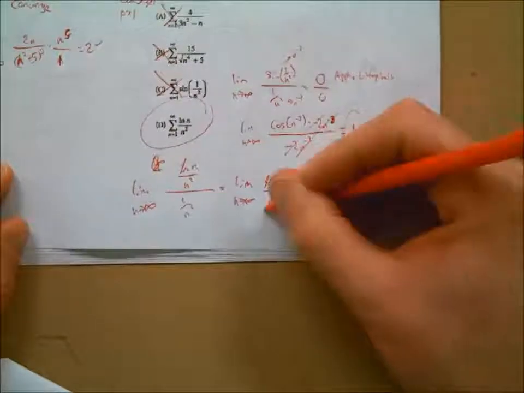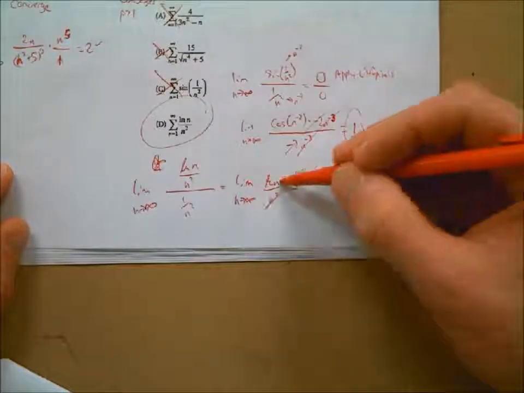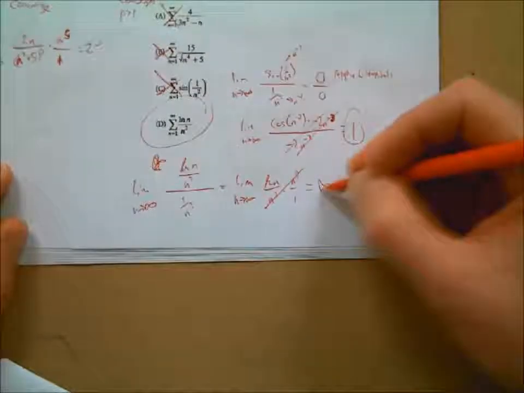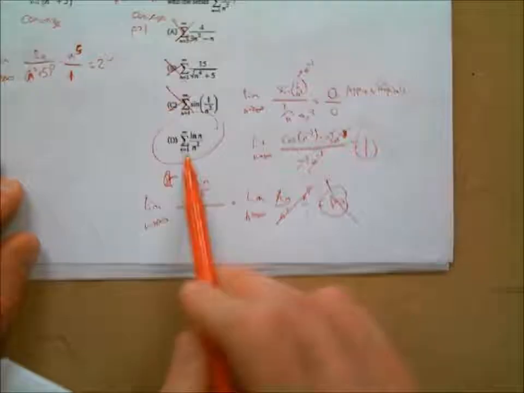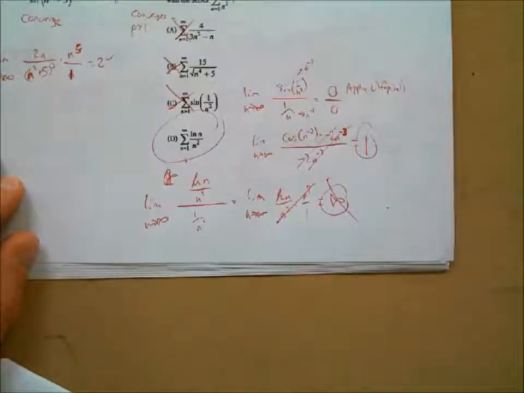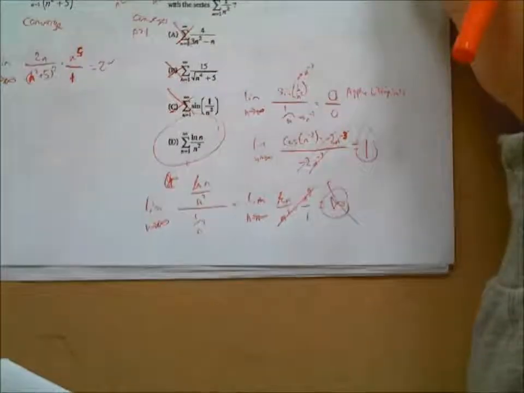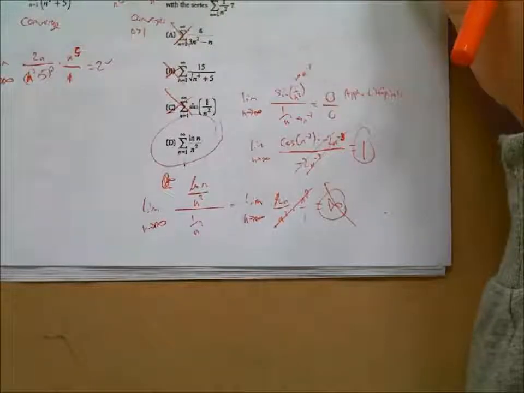The n squareds cancel out, and you're just going to plug infinity into natural log of n, and it goes to infinity, which is not what we want. So that's why D fails. It fails the part where if you put them in a ratio, they don't equal a positive finite number.